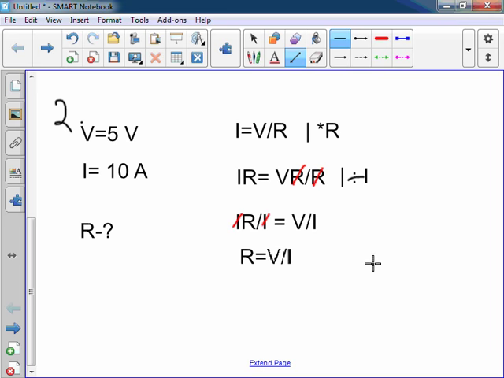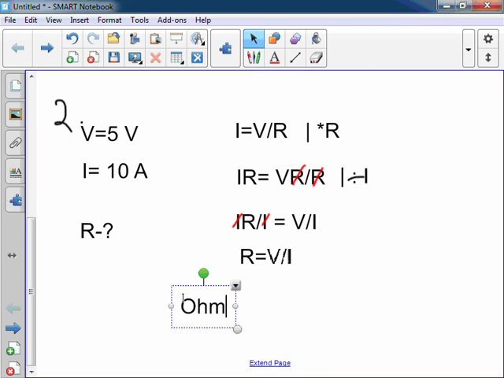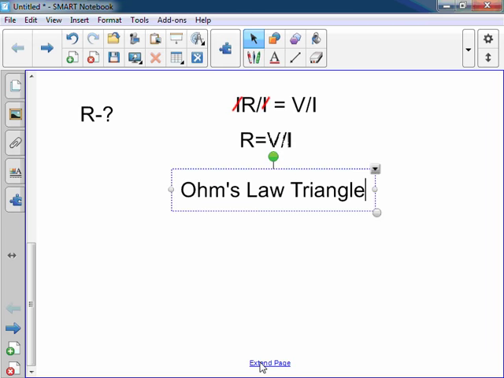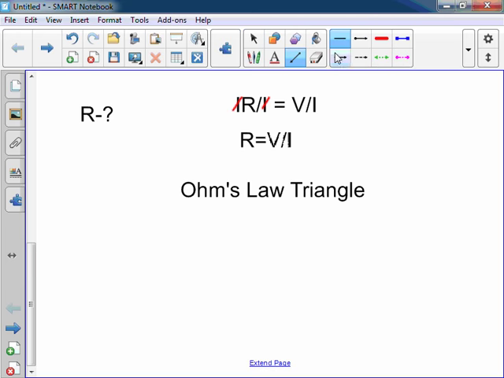Hopefully I can do that. So let me actually first type it up. You know, I really like the triangle even though it is a crutch. I use it myself just because it's faster. But you do need to know how to do algebraic manipulation regardless.